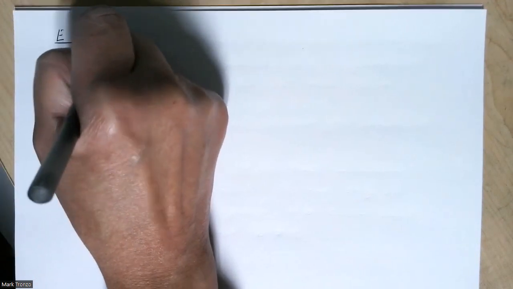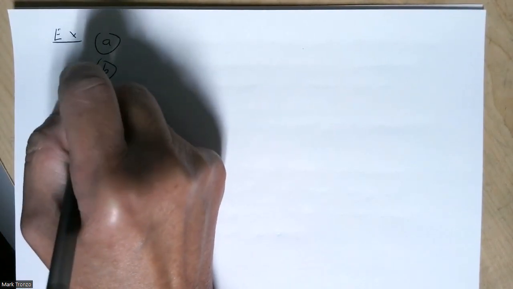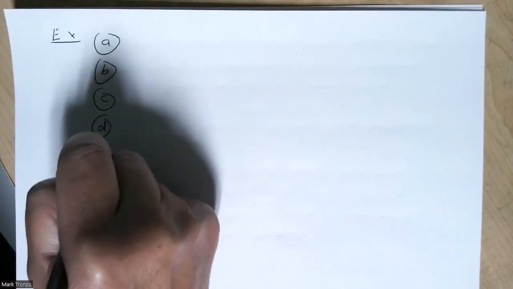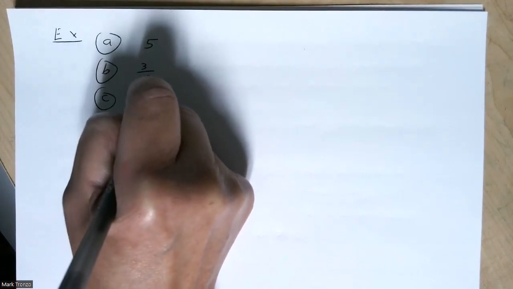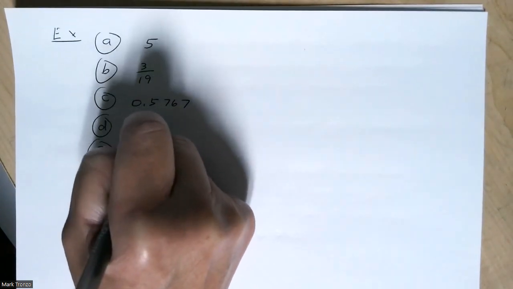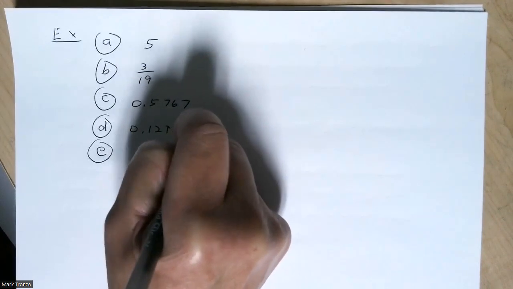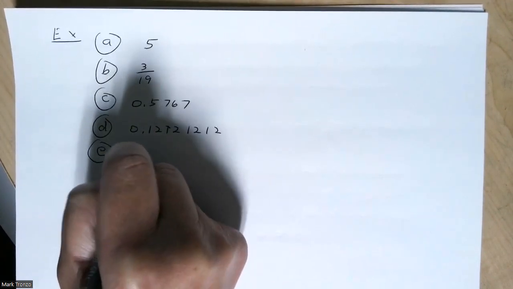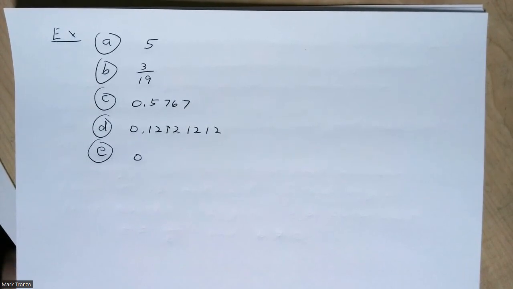So just some examples. Take a look at these. 5, 319. So let's take a look at each of these.